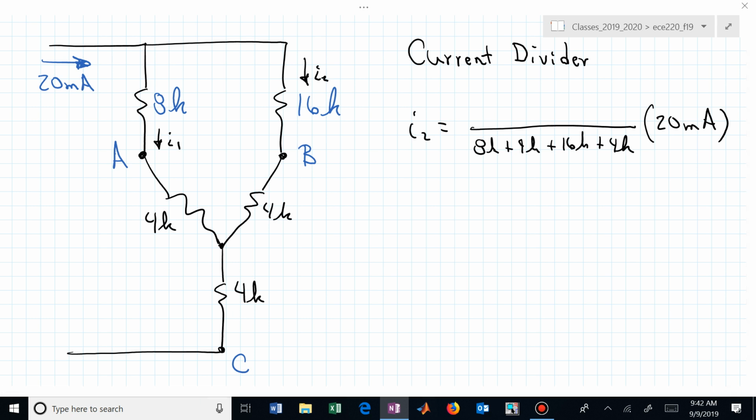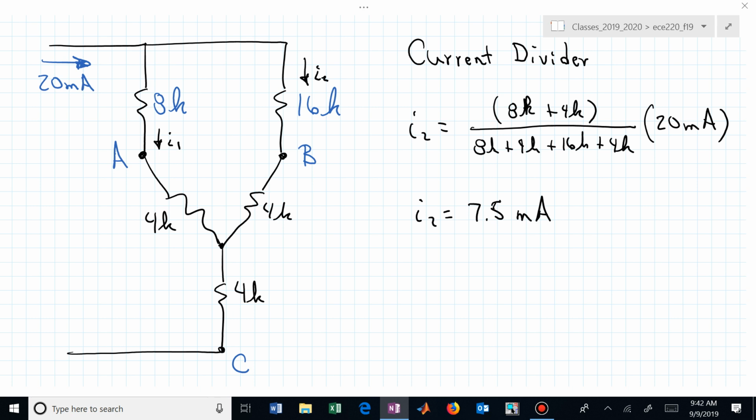If I want I sub 2, it's the opposite branch, isn't it? So this is now 8K plus 4K. And if you do that math, you'll find that I sub 2 is 7.5 milliamps.